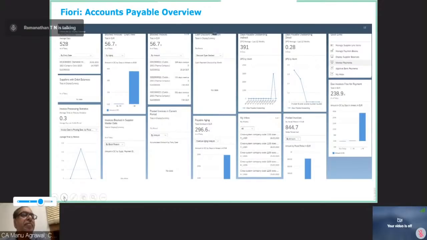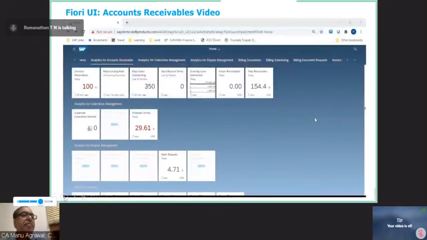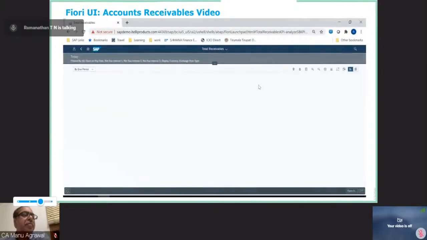Or I would also show you something on accounts receivable. I would probably run through a video here just to get to the details. Okay, so this is an analytical application, accounts receivable, which tries to drill down in terms of different agings of receivables, or overdue receivables as a value. So I'm just trying to drill down to total receivables.